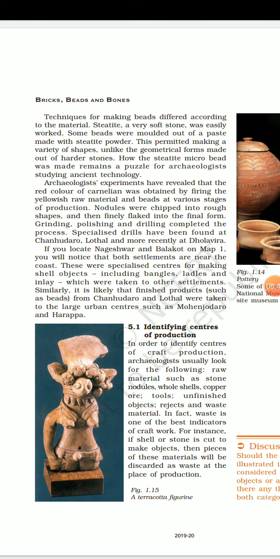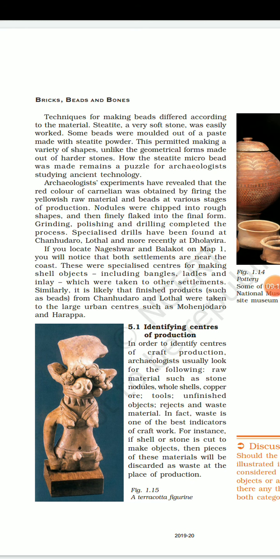How the steatite microbead was made remains a puzzle for archaeologists studying ancient technology. How the steatite microbeads were made, it is still very difficult to find the mechanism behind the making of steatite beads for all the archaeologists who are working on it. That is why it has been written down.